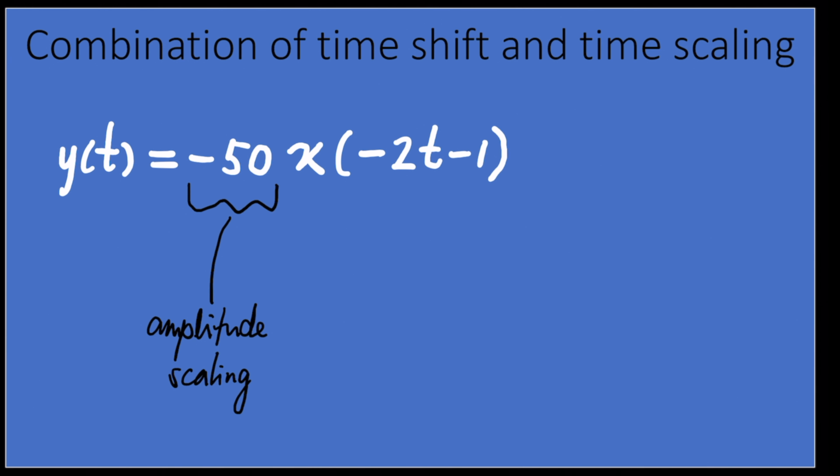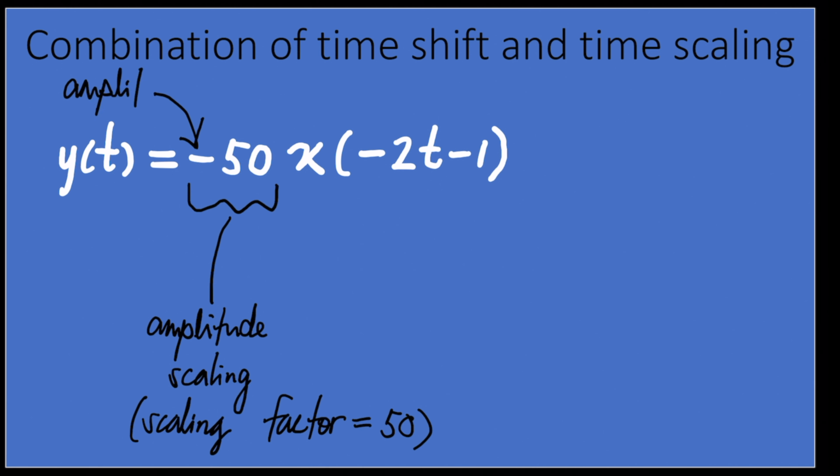The first one is the amplitude scaling with a factor of 50, and an amplitude inverse.